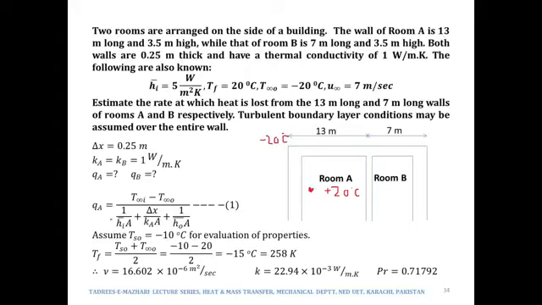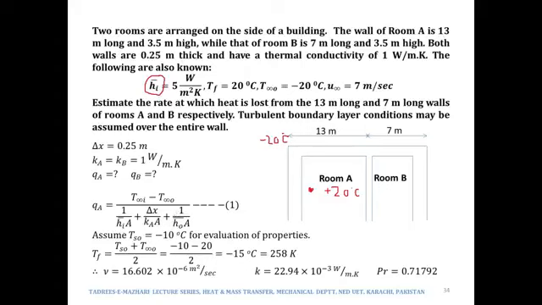But the thing is that we are given HI as 5 watts per meter square Kelvin. So we know this first term in the denominator. We are given the thickness of the wall as 0.25 meters, and we know the thermal conductivity as well, and we do not know H naught bar.